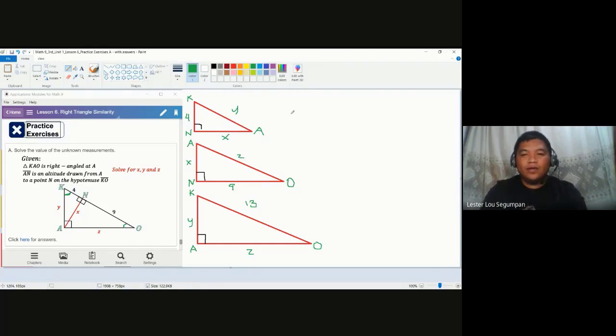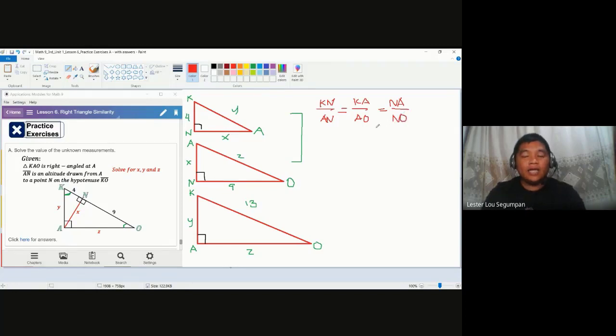Now, if you're going to pair these two triangles, you will come up with the proportion of sides KN over AN equal to the hypotenuse, KA over AO, equal to the leg here, NA over NO.